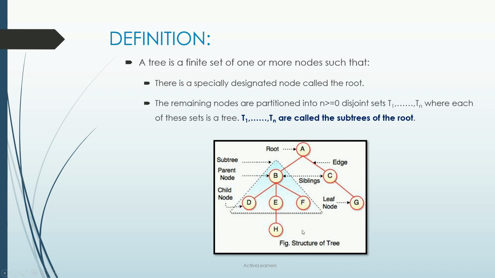So a single tree may have many subtrees. We may consider this as a subtree of this tree, right? So this subtree may be represented as T1, C and G may be considered as T2, and EH may be considered as T3, and so on. So a tree can have more subtrees.